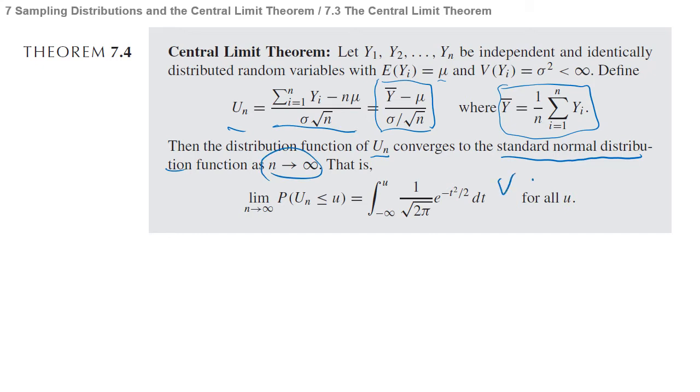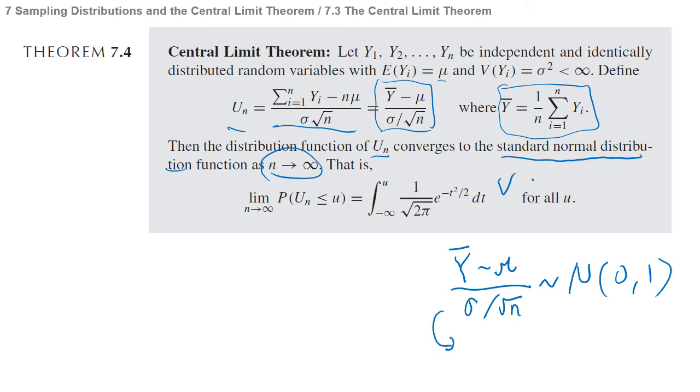As you can see, Y bar minus mu divided by sigma over square root of n follows a standard normal. And you can check that Y bar follows a normal with mean mu and variance sigma squared over n. They are the same story, so you can check this.